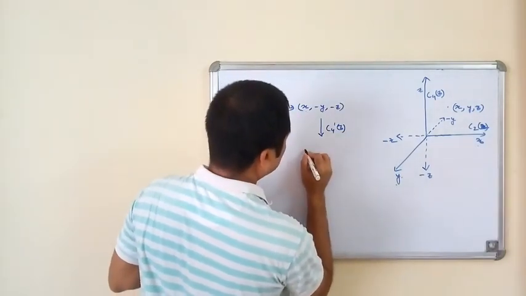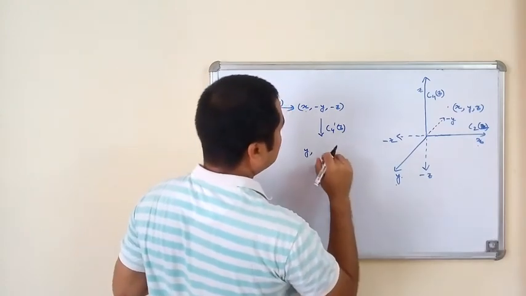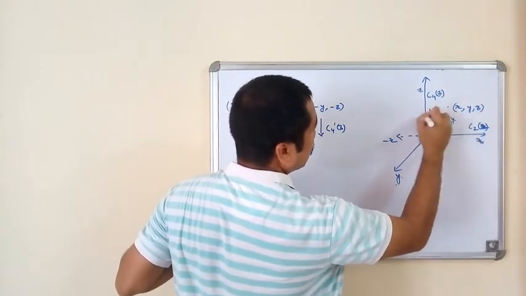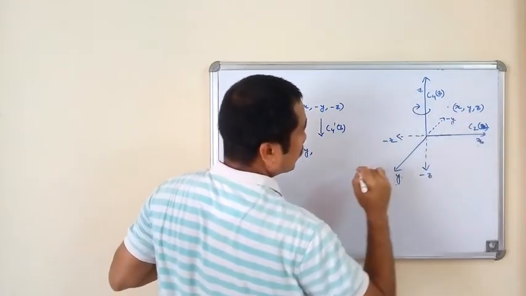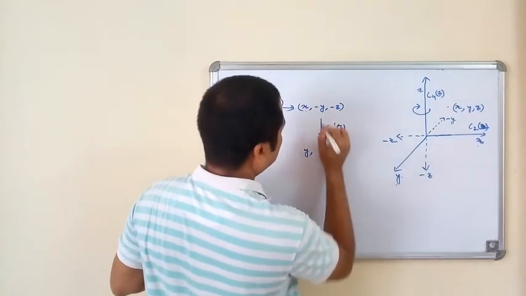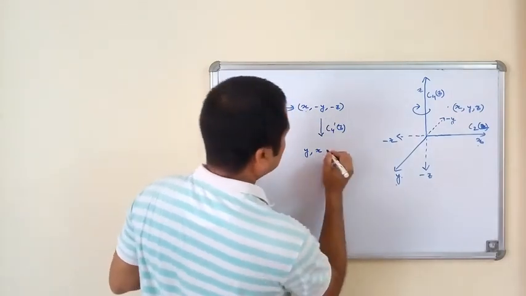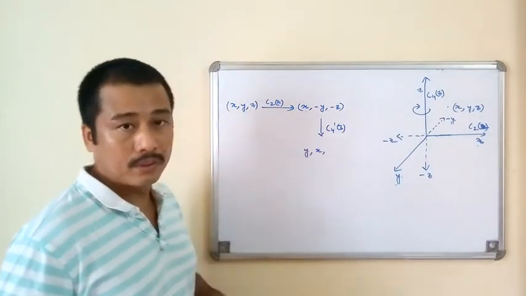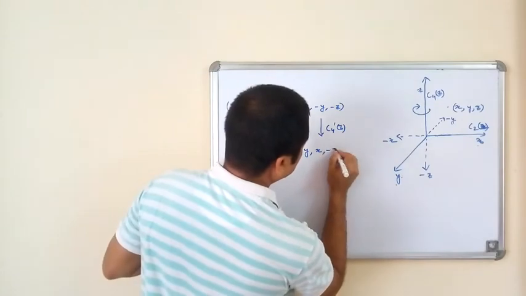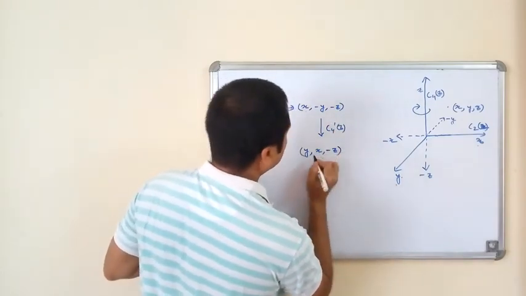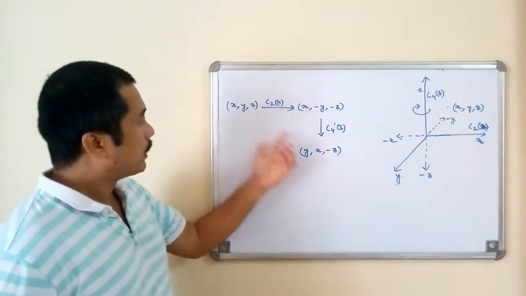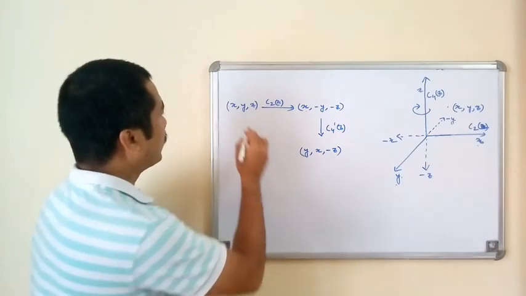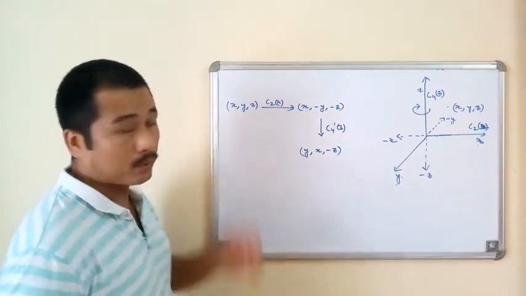So x becomes y after doing C4, and minus y will go to x, because if you rotate in this direction, minus y comes to x and x comes to y. So minus y becomes plus x, and since we are rotating about the C4, that is the z-axis, minus z does not change and remains minus z. So this is the final coordinates that we get after doing C2 as well as C4^1 on the x, y, z coordinate here.